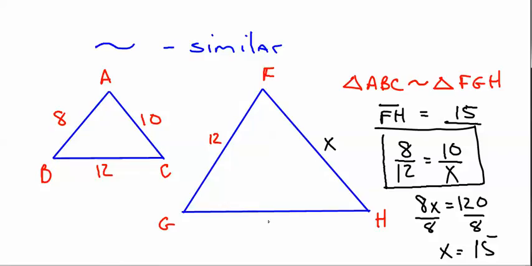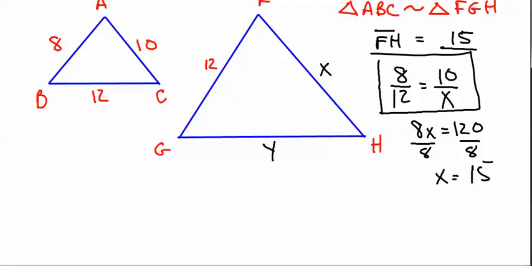Alright, let's say you don't know what that is. How would you set up a proportion to solve for y? The triangles are similar. Go ahead, Sarah. Alright, 8 over 12 again equals, very good, 12 over y.